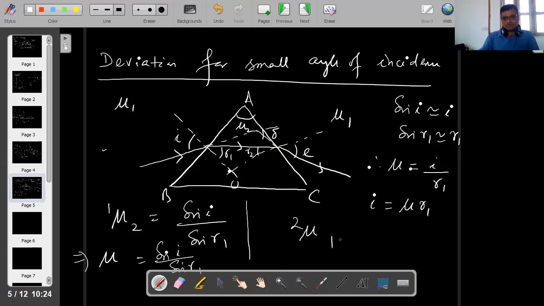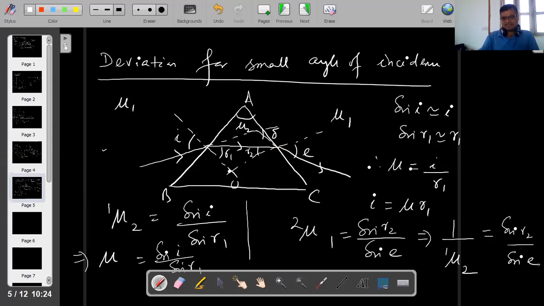The sine of the angle of incidence is R2 divided by the angle of refraction E. So I can write this as mu 2 to 1, which is 1 by mu 1 to 2, the reciprocal. This is sin R2 by sin E, or 1 by mu 1 to 2, which means 1 by mu. Write down: mu 2 to 1 is 1 by mu 1 to 2.